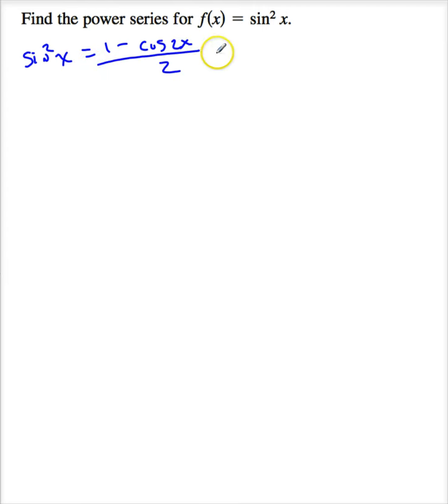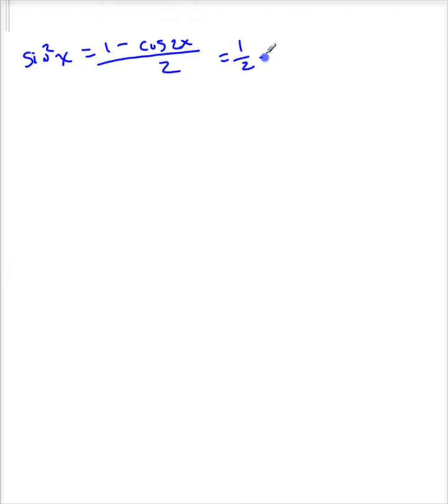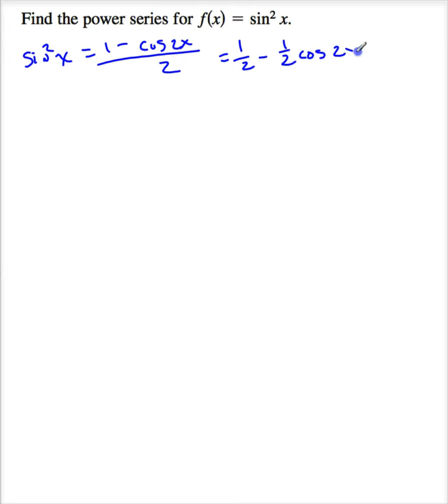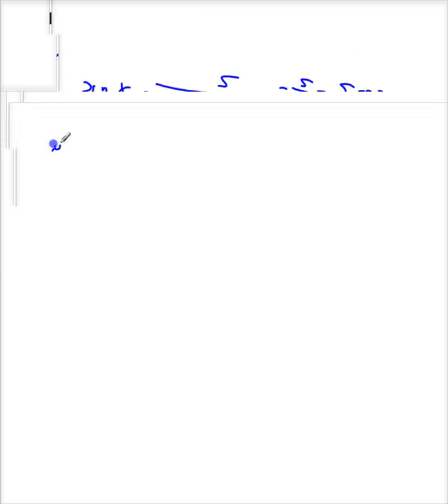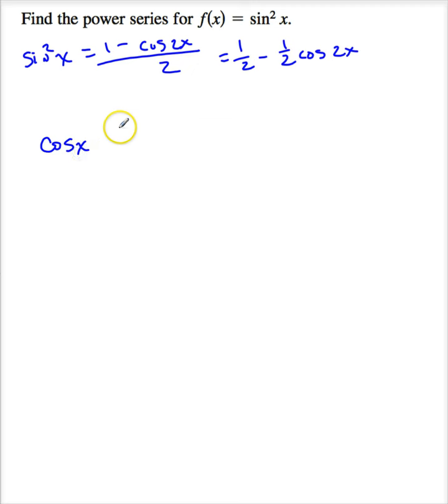So this is 1/2 minus 1/2 cosine 2x. 1/2, there's no expansion there, but I remember that cosine of x, this is one of my fundamental functions, is 1 minus x squared over 2 factorial plus x to the fourth over 4 factorial minus x to the sixth over 6 factorial, etc.